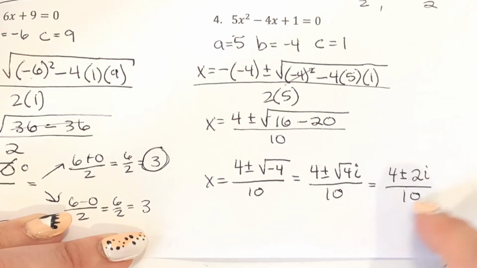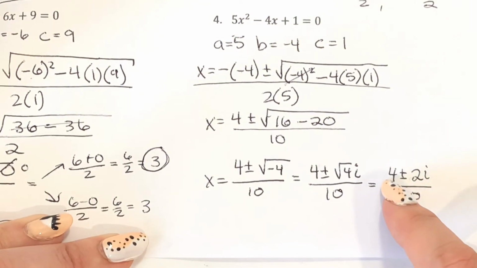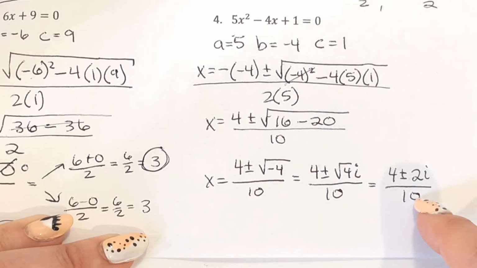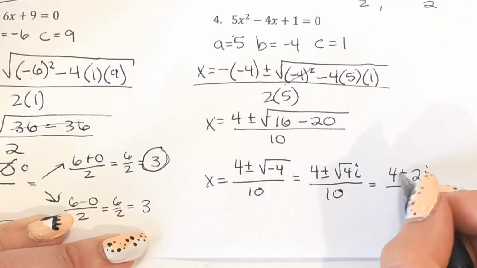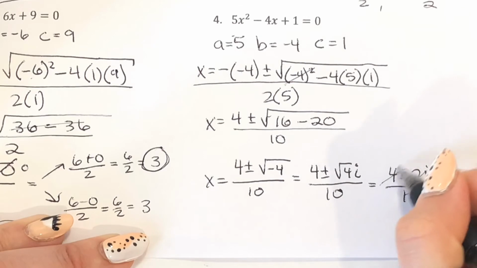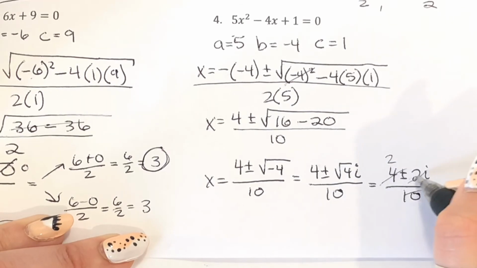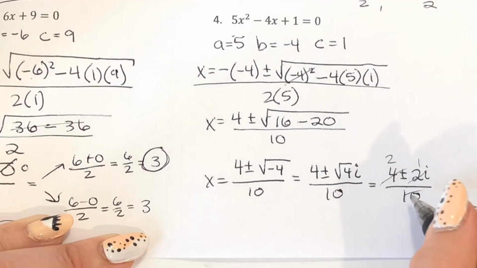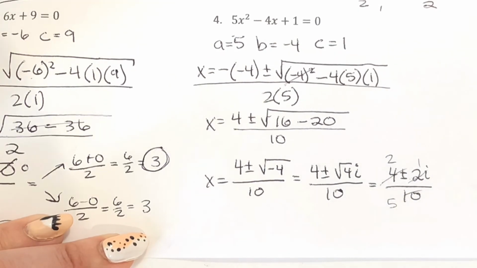And we can reduce some of this stuff in here. If we look at 4, 2, and 10, those all have a common factor of 2. So I can divide everything by 2 here. So if I take a 2 out of everything, 4 divided by 2 is 2, 2 divided by 2 is 1, and 10 divided by 2 is 5. So think of reducing all of those numbers.